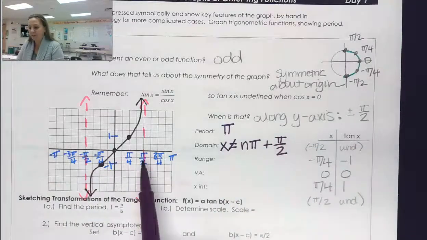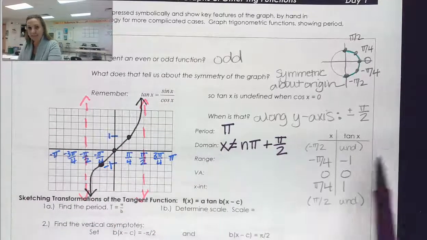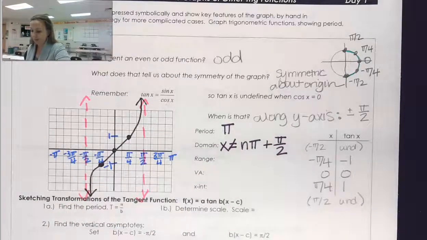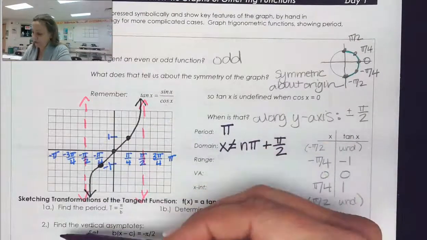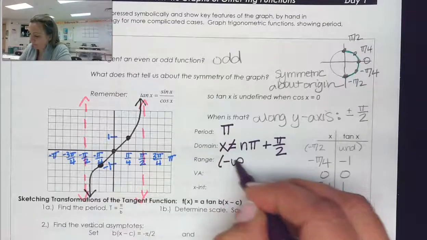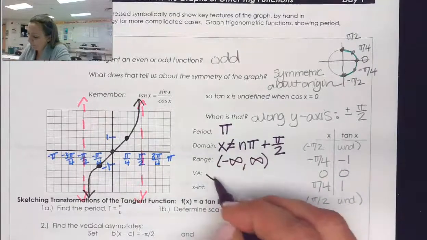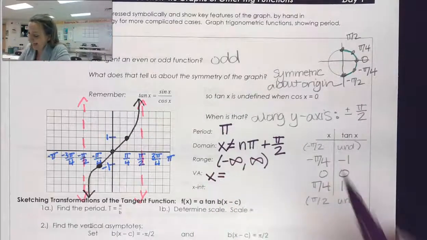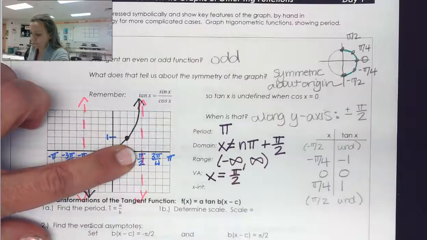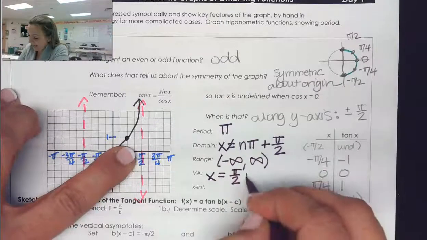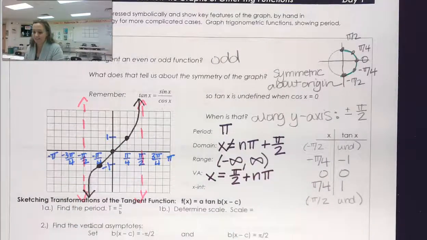So again, you start at pi over 2, and then every pi units there would be an asymptote. Notice though that the range this time, we're not bound by the range at all. Our range is going to be all real numbers. And you have a vertical asymptote basically every time. So again, you could think about starting at that pi over 2, and then we have a vertical asymptote every pi units.